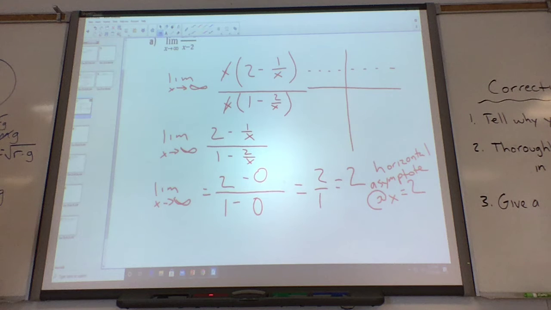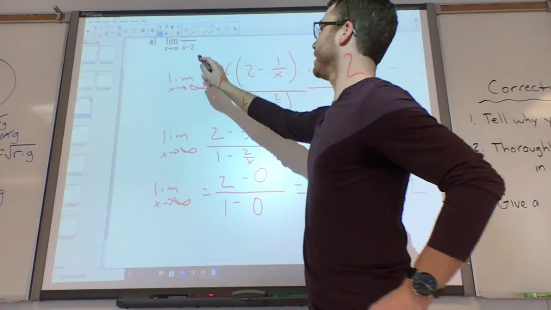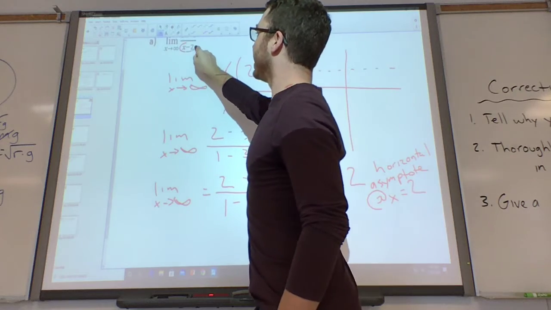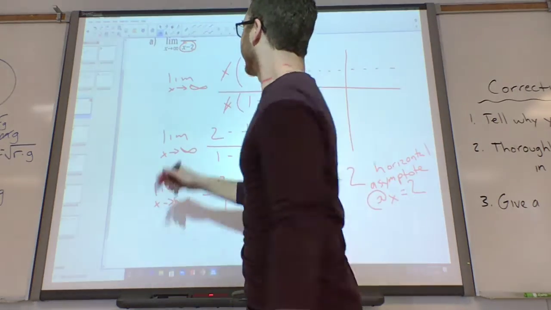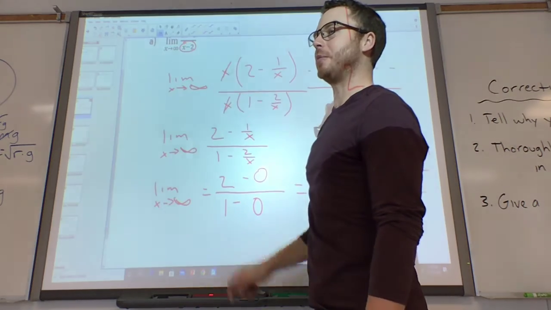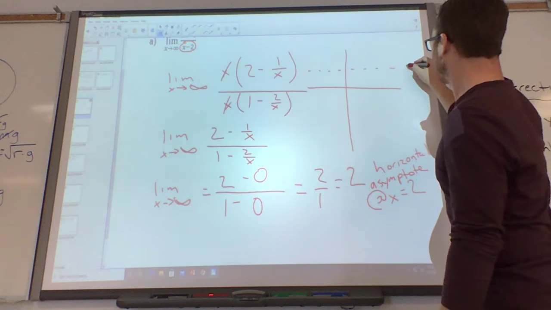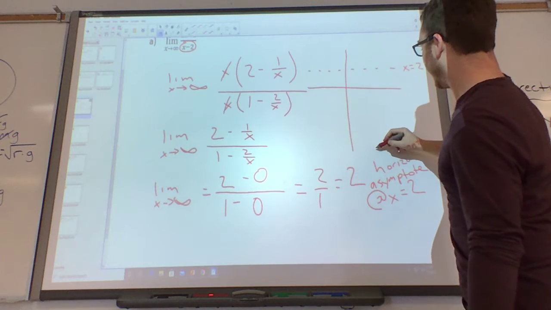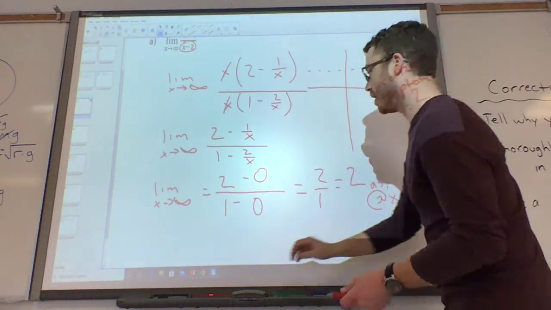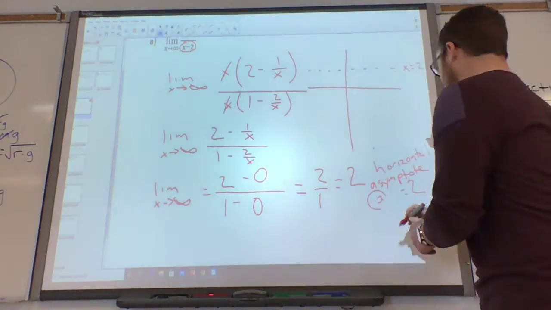Okay, so if we do that, we find our horizontal asymptote, but we can also find our vertical asymptote as well by setting the denominator equal to 0. Okay, so what value of x will make the denominator 0? 2. So we're also going to have a vertical asymptote at, sorry, that should be y is equal to 2. Horizontal asymptote.